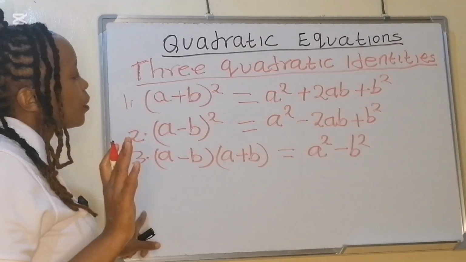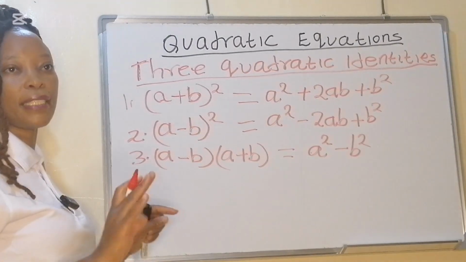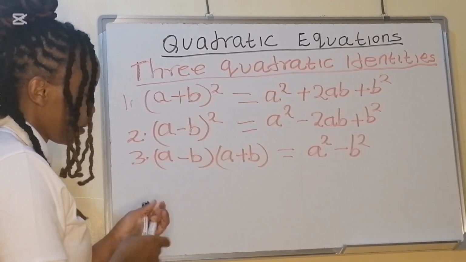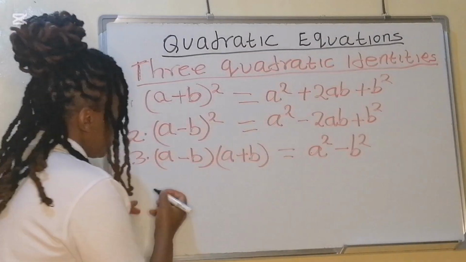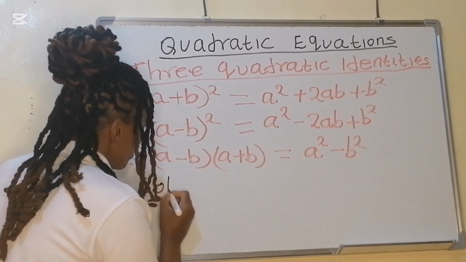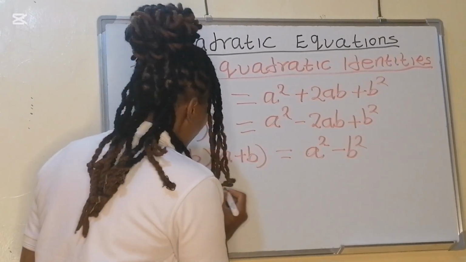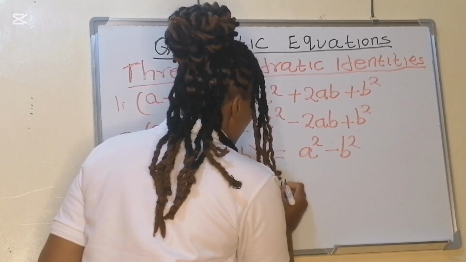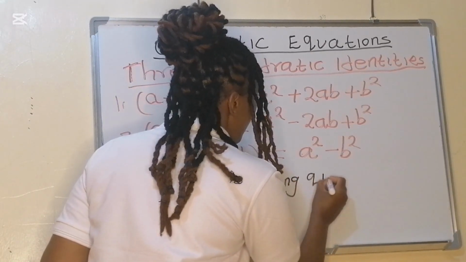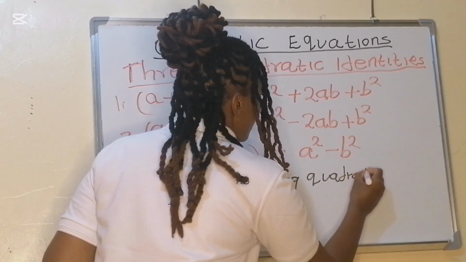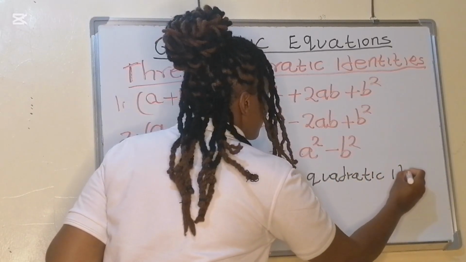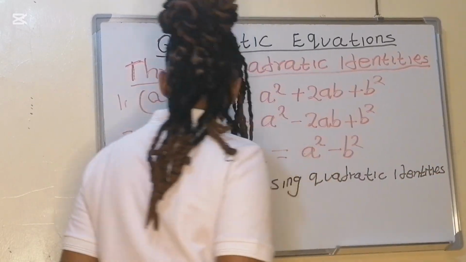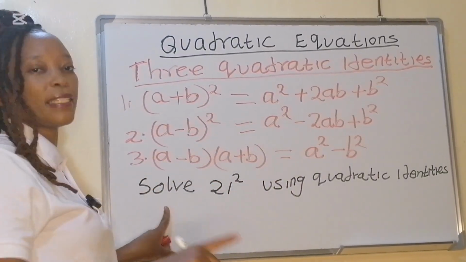The first thing I am going to show you is that you can square a number using a quadratic identity. You can be asked to solve 21 squared using quadratic identities.